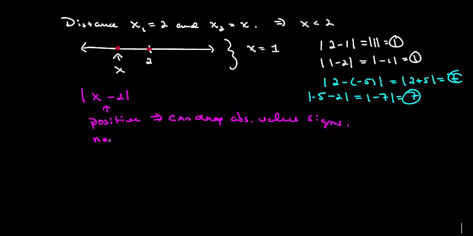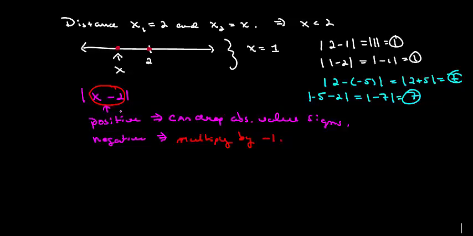If it's negative, we can't just drop the absolute value sign. We need to make the inside piece, this guy inside here, the opposite of what it is. And so what we do is we multiply by negative 1. Okay, that's the trick.